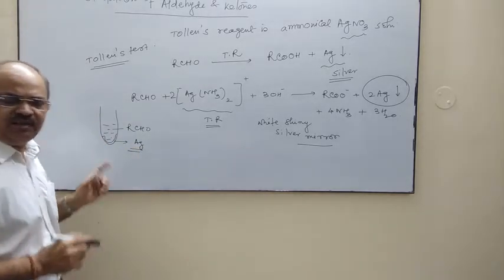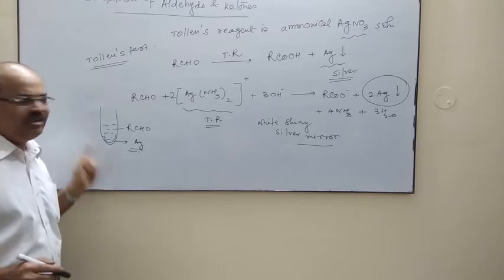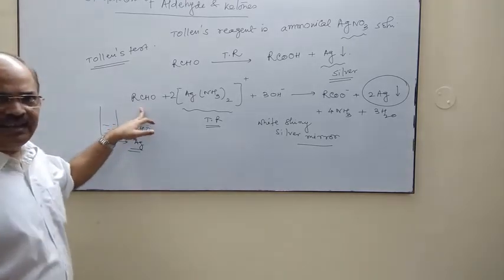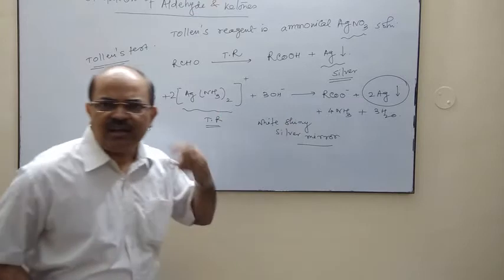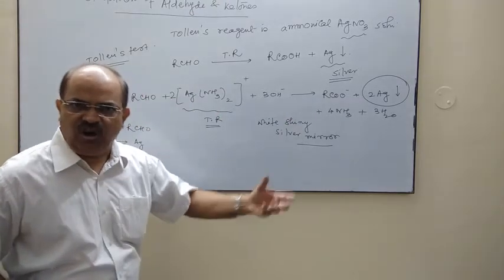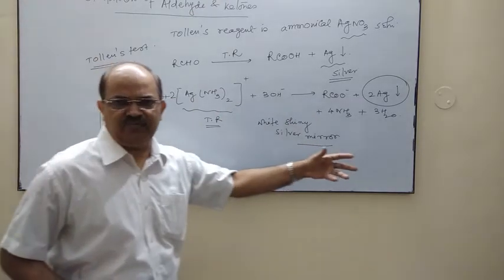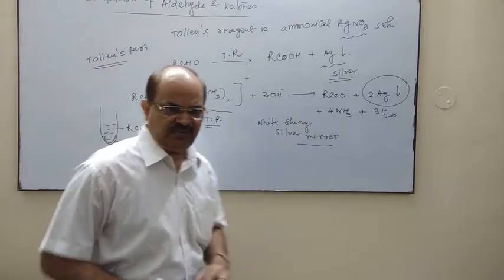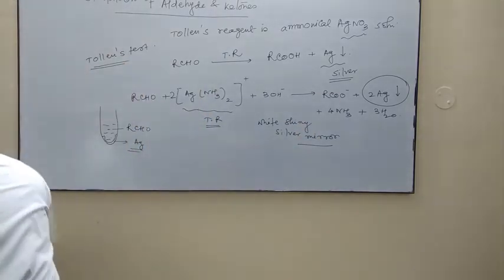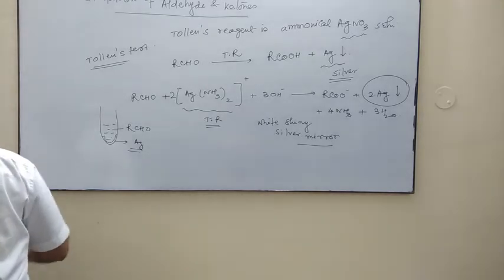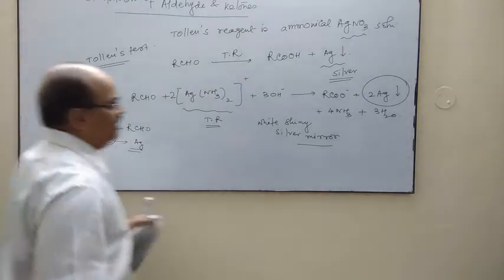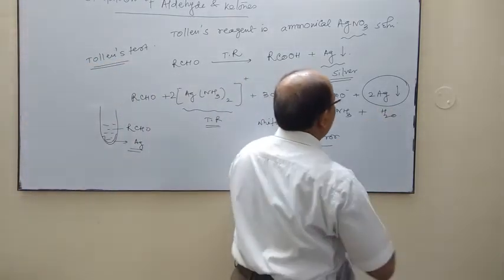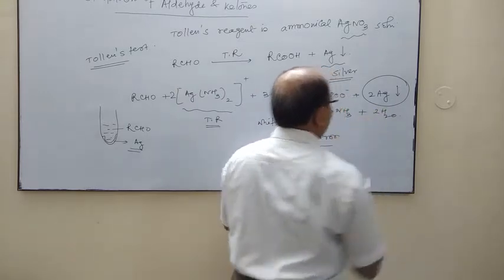So this will confirm the presence of aldehyde, and the aldehyde is oxidized to carboxylic acid salt, or you can say simply carboxylic acid. Similarly, here we have perhaps 2 mole of water, so you can correct it.